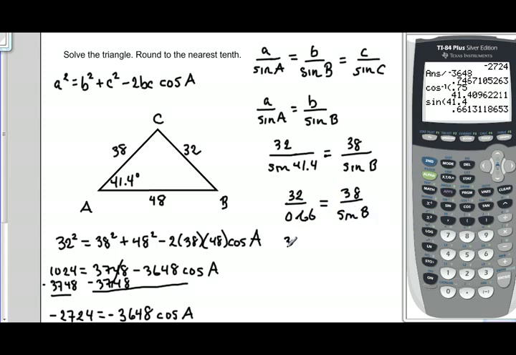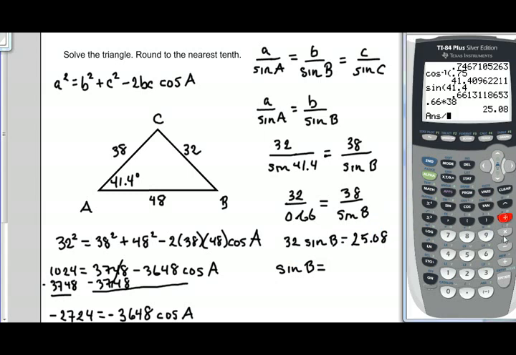Let's cross multiply now. So 32 times the sine of B equals 0.66 times 38. All right, so 25.08. To get sine of B by itself, we divide both sides by 32. So let's divide this number by 32.